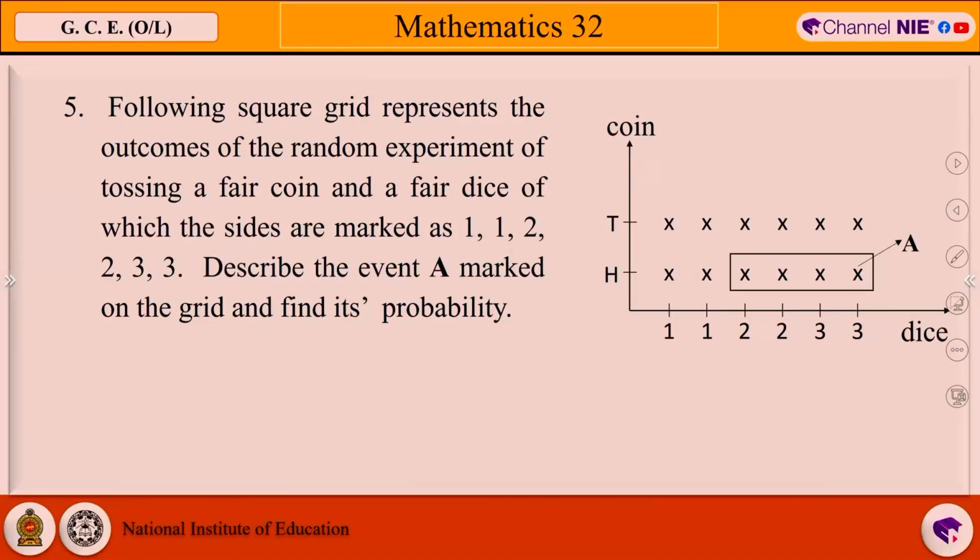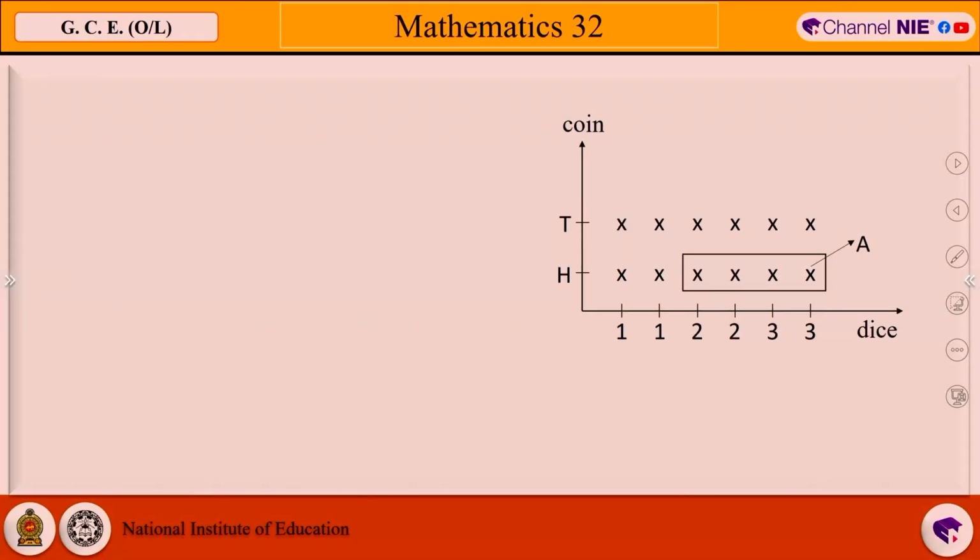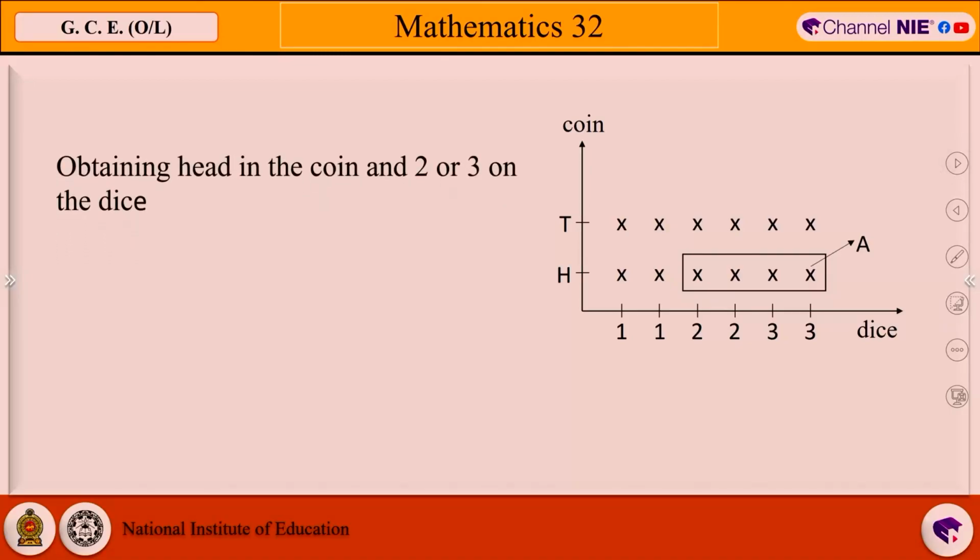Okay, first part you have to describe the event A, and you can easily describe it as the event which is obtaining head in the coin and 2 or 3 on the dice. Head in the coin and 2 or 3 in the dice. Okay, that's the event A. Then how many elements are there in the event A?